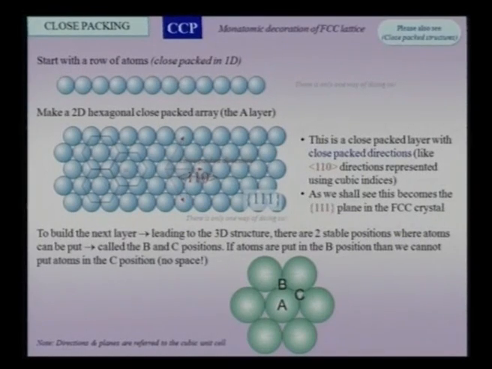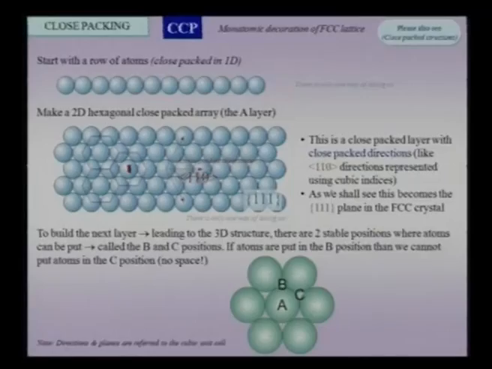For instance, around this point, if I rotate 60 degrees, then the structure will remain invariant. Now this layer itself, we will see, actually becomes, according to the cubic indices, the 111 plane of the cubic crystal. Now to build the next layer, which will lead me to the three-dimensional structure, there are two stable positions.